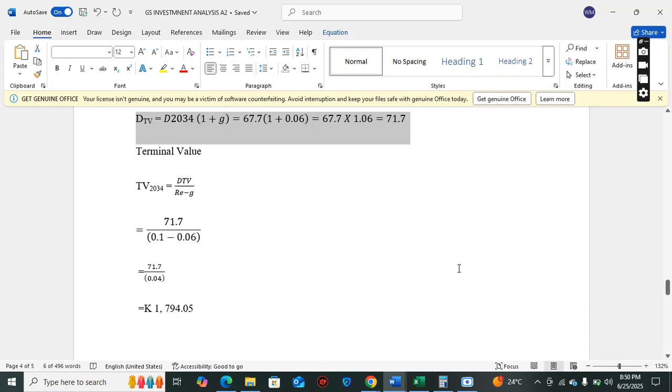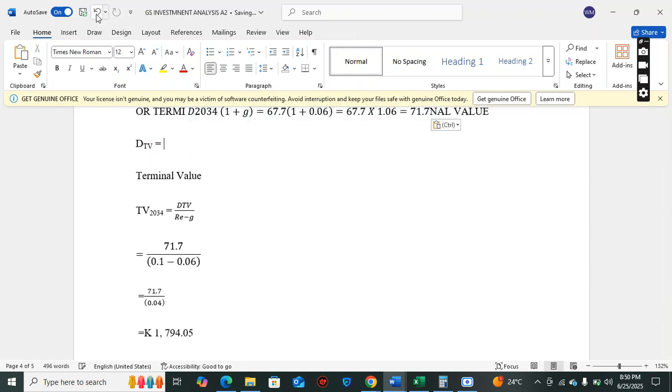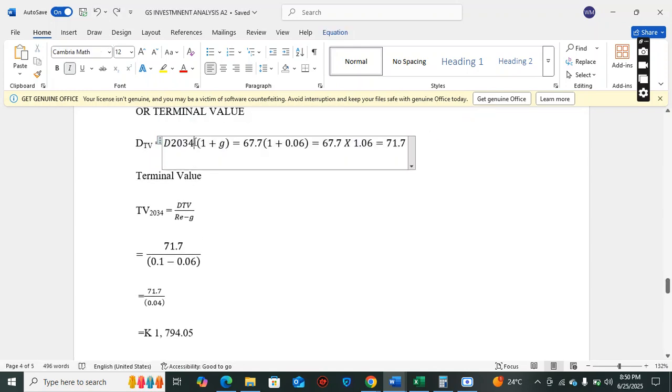You get the dividend for the last year, which is 2034, and multiply it by 1 plus g. We've been told after 2034 the growth rate will be 6% forever, so that's why we bring in this 0.06. So you say 67.7 times 1.06, and you get your expected dividend of 71.7.